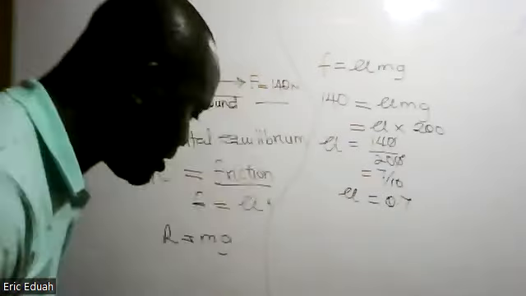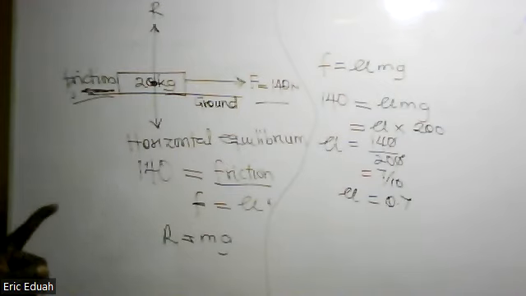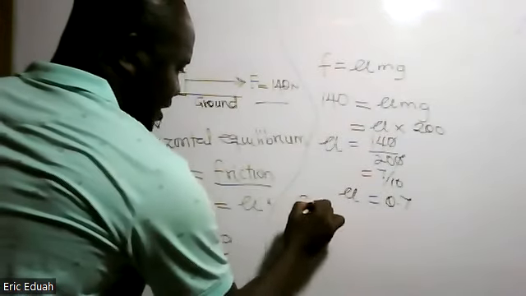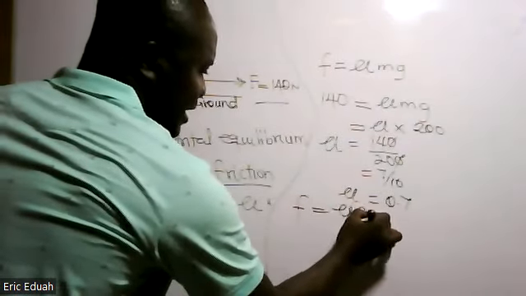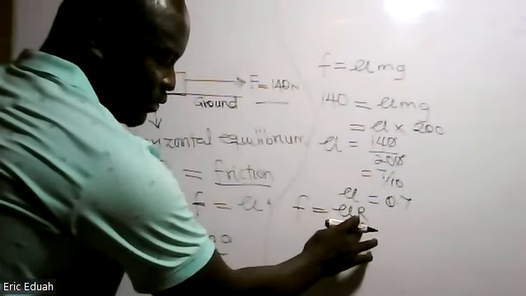So you're basically saying that mu is equal to force over reaction. Frictional force F is equal to mu times the reactional force. So this is the reactional force.